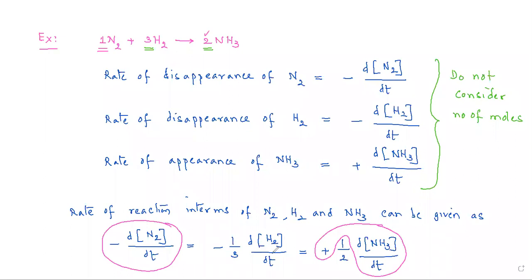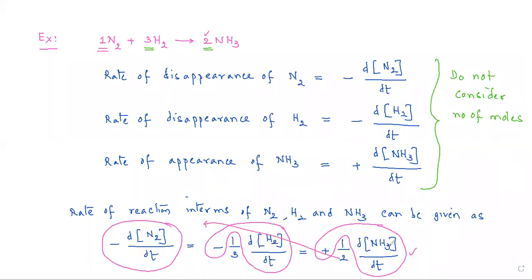Then, considering the ammonia and hydrogen thing, look at this. So this is the rate of disappearance of hydrogen.